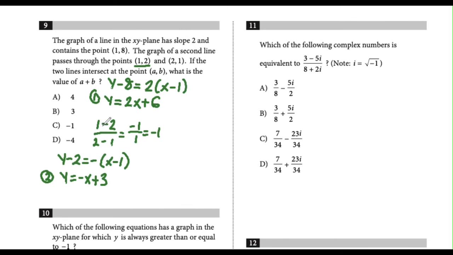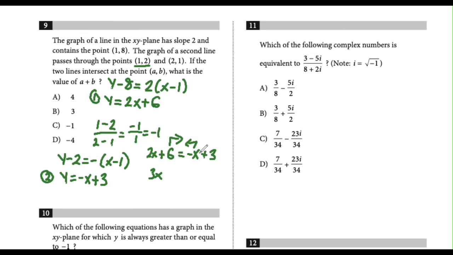Now that we have both of our equations, all we need to do is set them equal to each other. Here we can set 2x plus 6 equal to negative x plus 3. We're going to move the x over to the left, and we're going to move the 6 over to the right. If we add x to the left, 2x plus x is going to be 3x.